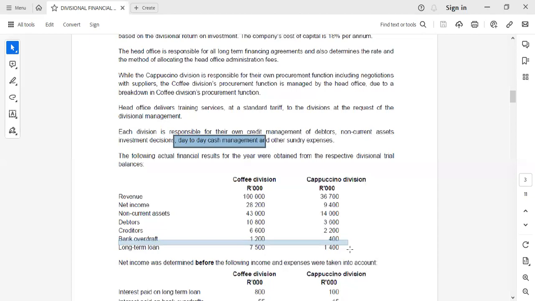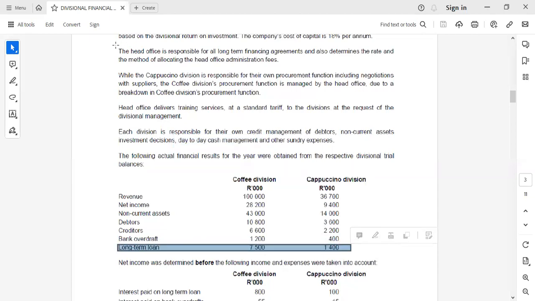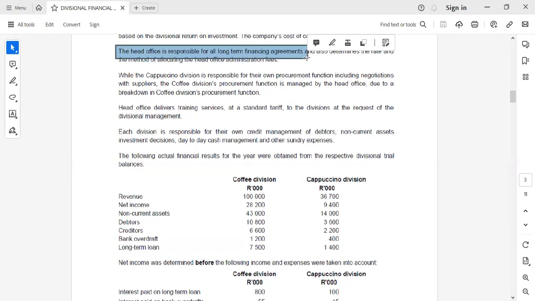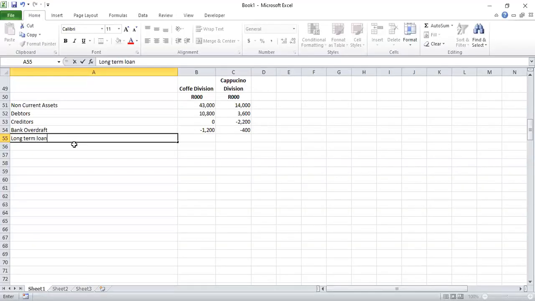Then long-term loan. We're told that head office is responsible for all long-term financing agreements, so we're not going to include the long-term loan. It's head office responsibility.